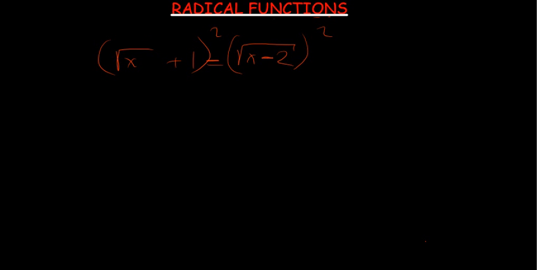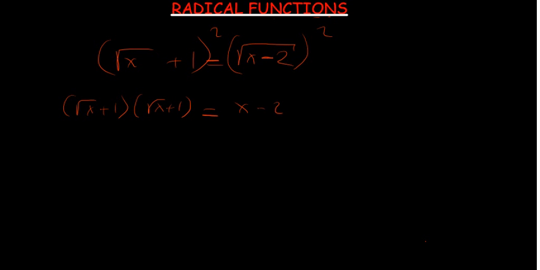Okay. So this is going to give us, now root x plus 1 squared is going to be the same as root x plus 1 and then root x plus 1 again. And this should be equal to the root of x minus 2 squared will simply give us x minus 2.